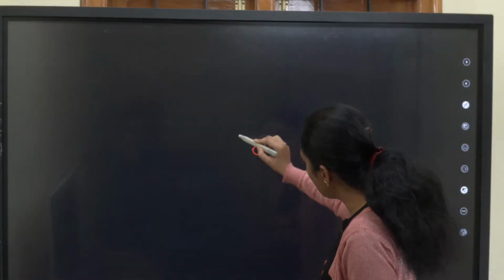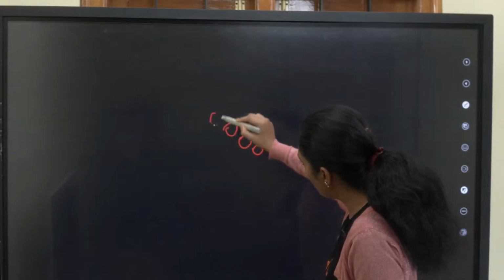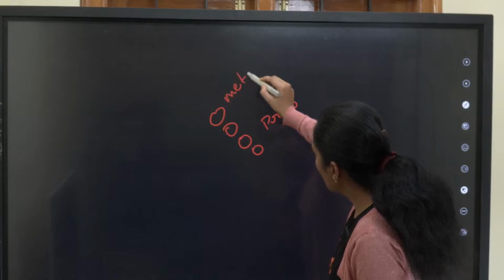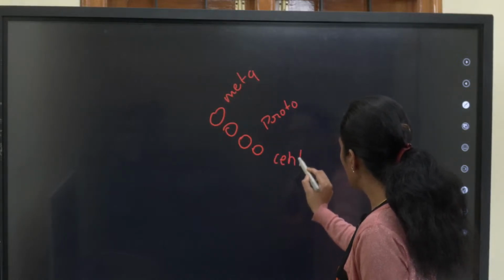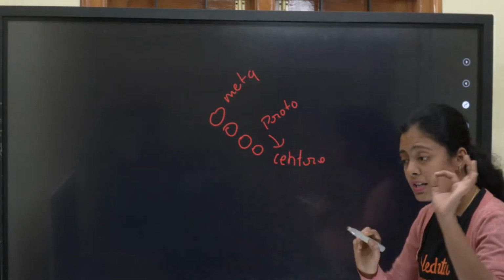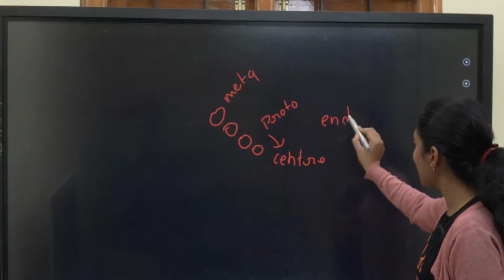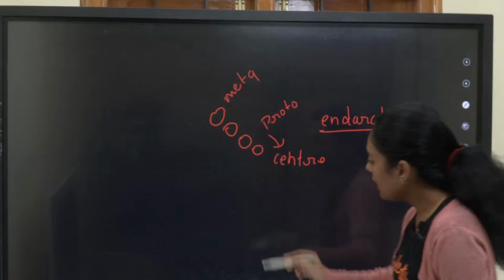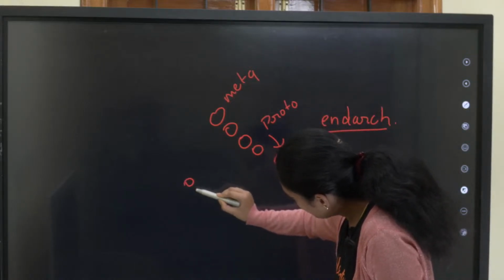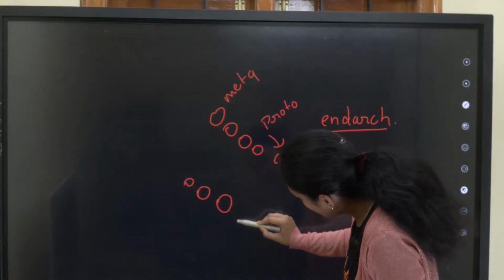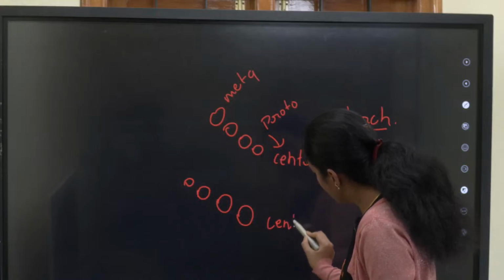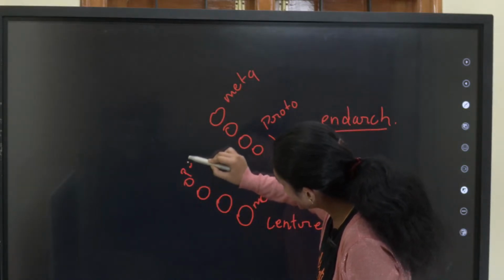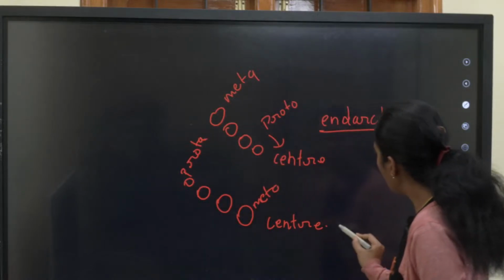Take this as your first formed xylem. This is your proto, this is your meta, and this is your center. If the protoxylem is towards the center, we call it endarch.